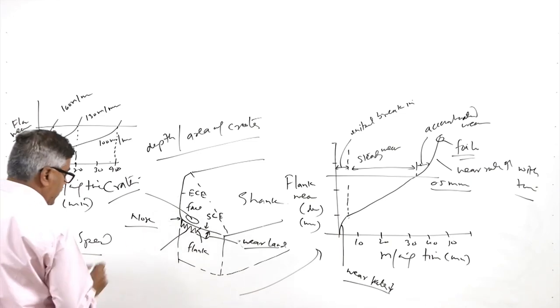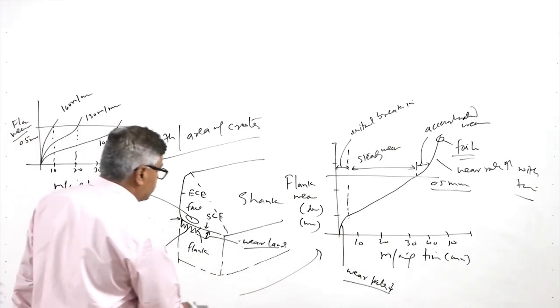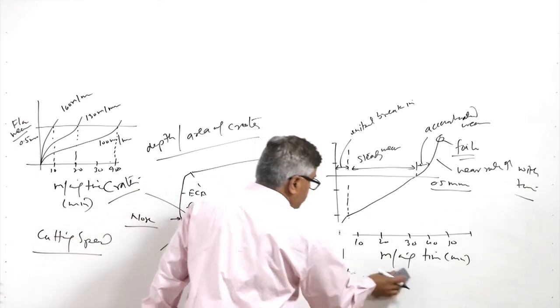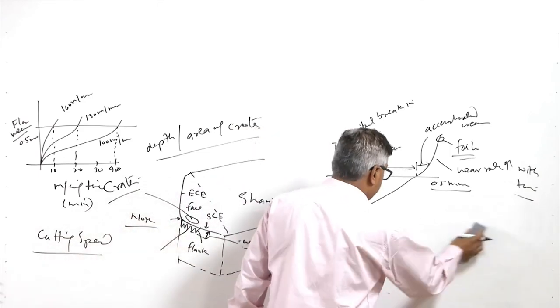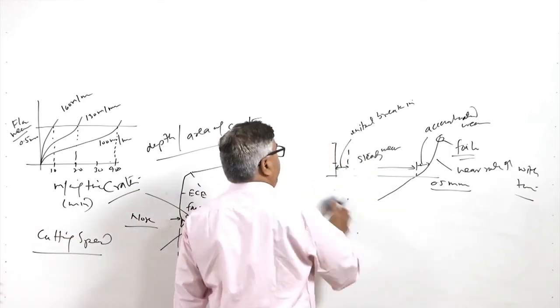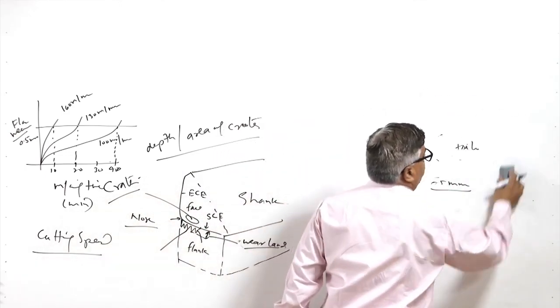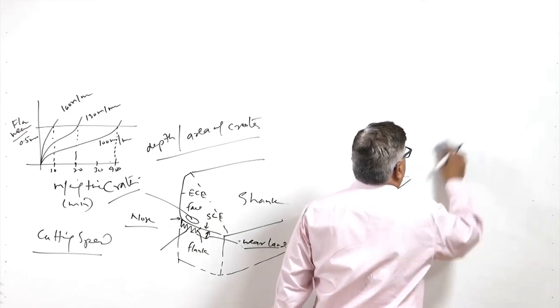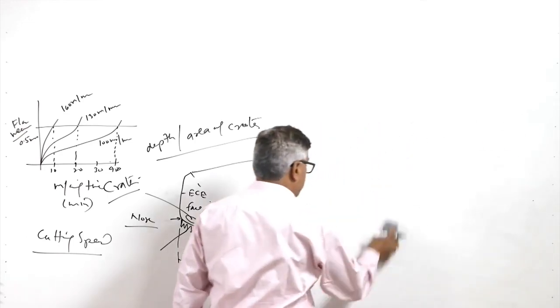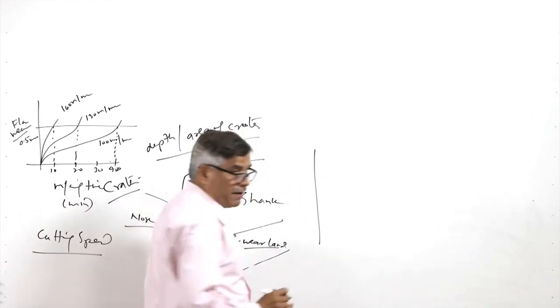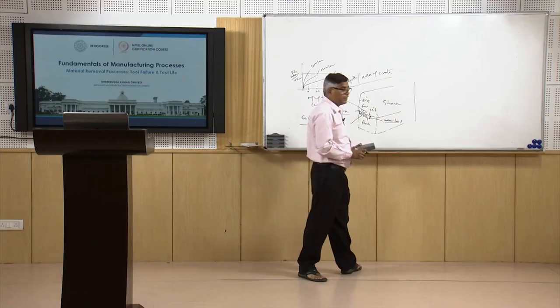Cutting speed has a significant effect on the tool life or the tool wear. So why is it happening? Why does the cutting speed have such a great effect on the tool life? For that we need to look into the wear mechanisms, the mechanisms by which the tool wear takes place. There are 4 or 5 mechanisms of wear.